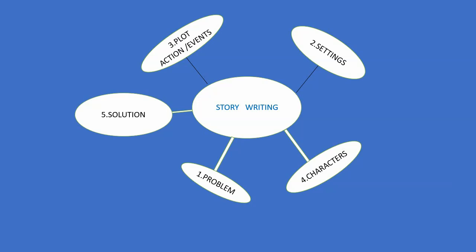Number one is problem. Always remember, instead of starting a story with setting, you must start your story with a problem. Isn't it interesting? It may be an adventure story, or you may say, for example, a boy kidnapped.